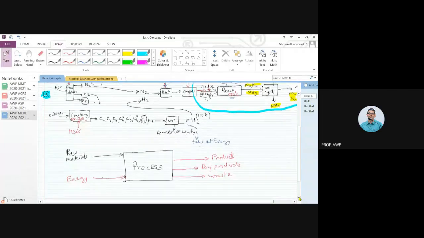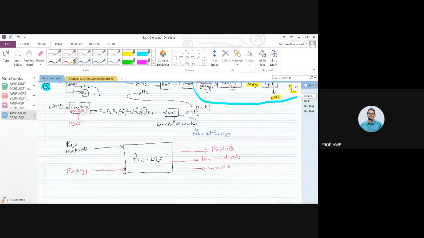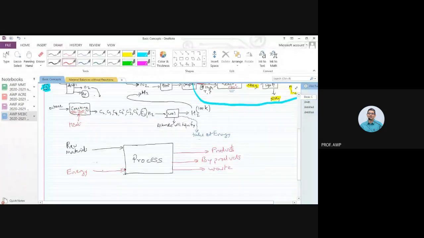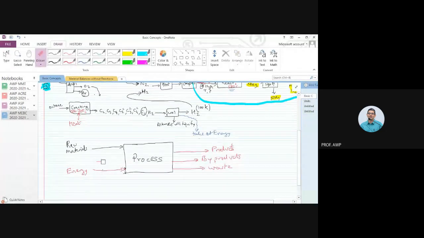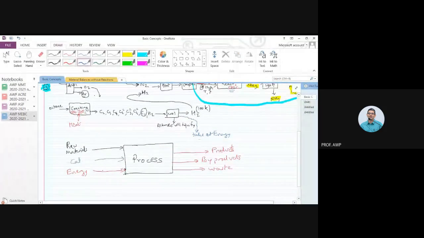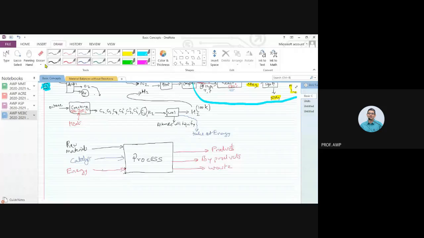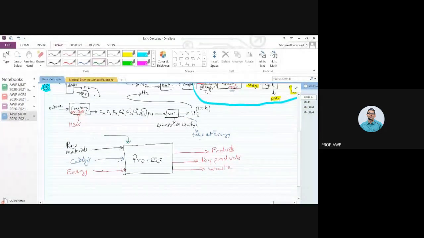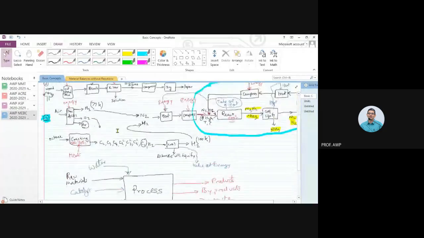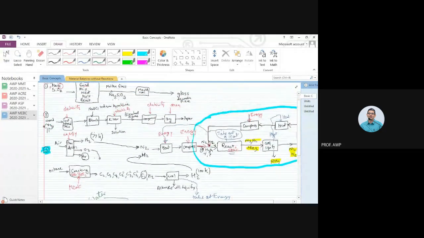Yes, sir. Right. Just a couple of things I would like to add. We might have a catalyst, isn't it? We may have a catalyst that is required, let's say for the Haber process. We may need some water. Say for example, in making paper, you need lots and lots of water to make it into a pulp so that you can bleach it.